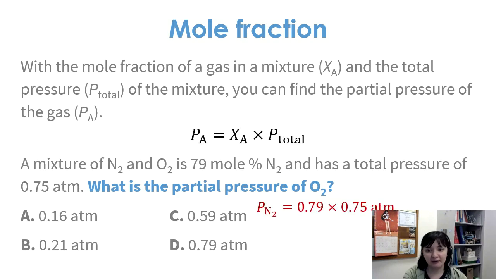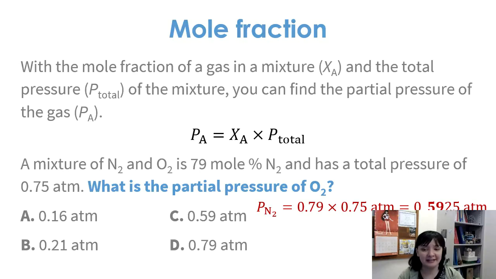From that, I can say that the partial pressure of nitrogen is equal to 0.79 times the total pressure, 0.75 atmospheres. Again, I've just taken the mole percentage, turned that into a mole fraction, and then multiplied by the total pressure. That gives me a partial pressure of nitrogen equal to 0.5925 atmospheres.